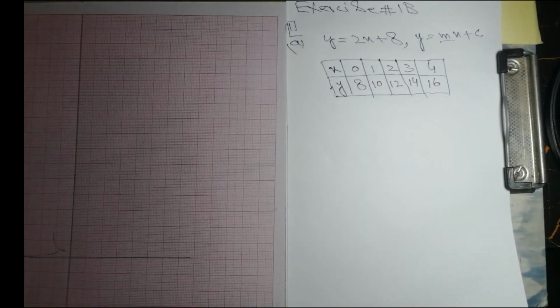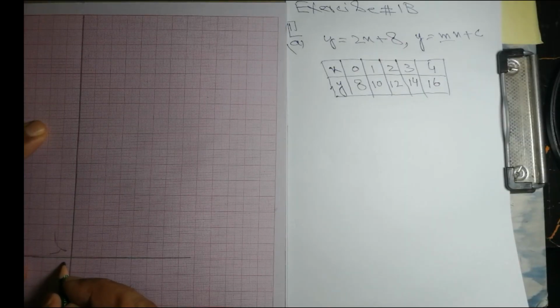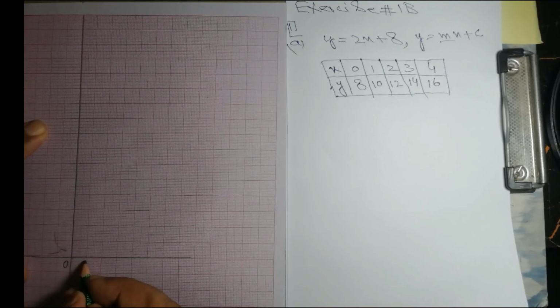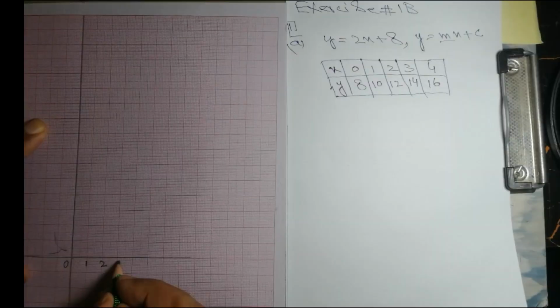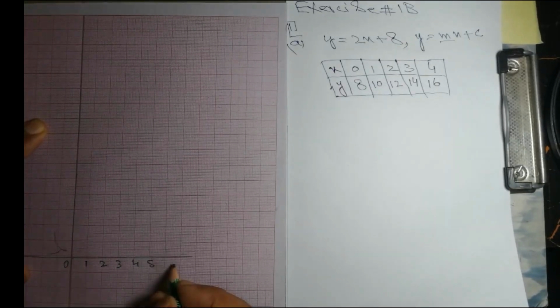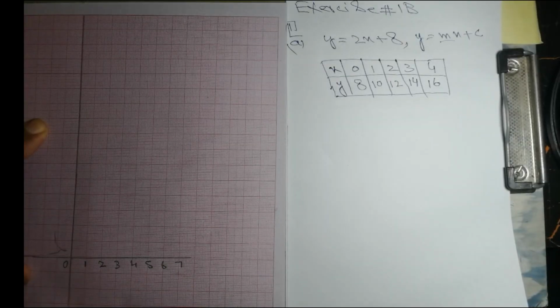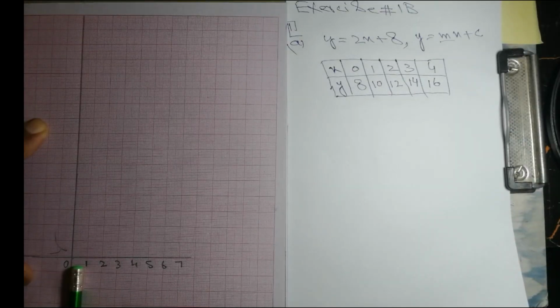As per the condition given in the question, this is the 0, and 1 centimeter will be equal to 1 unit. So this is 1, this is 2, this is 3, this is 4, this is 5, 6, 7, and so on. It is given that 1 centimeter should be equal to 1 unit.